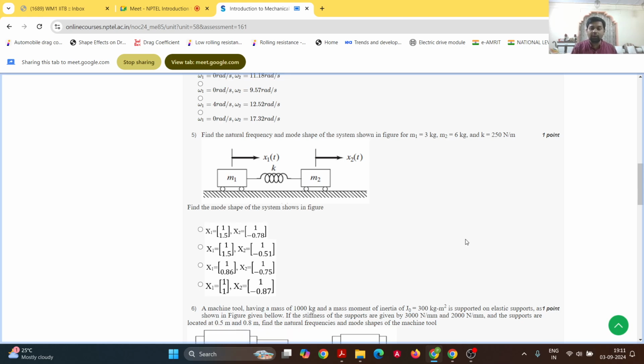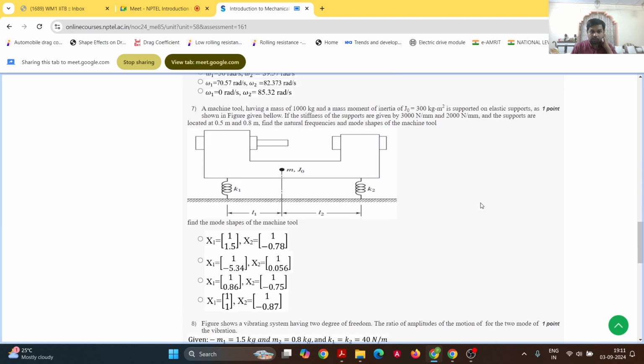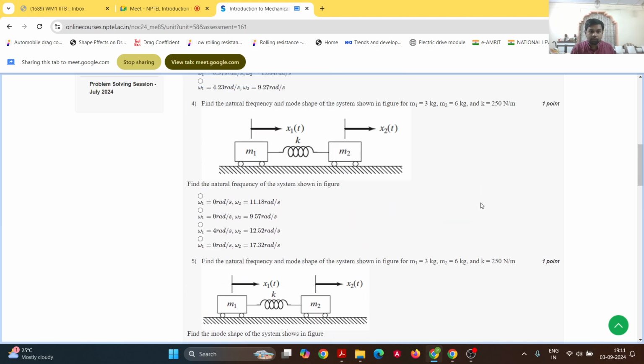Any other doubts related to the assignments? In questions 4 and 5, when there are two masses coupled by a single spring, I am unable to draw the free body diagram for the forces acting on them.